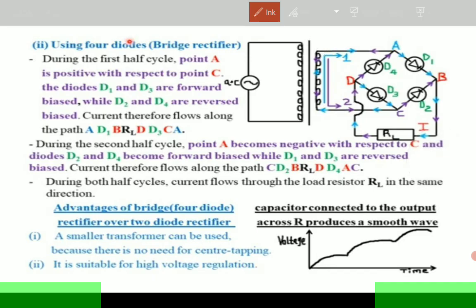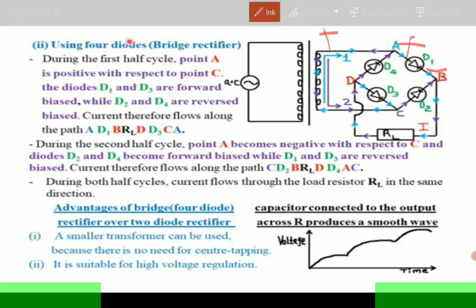So we are saying if we consider this as positive, then diode 1 here is also positive, then this end is negative. That means D1 is connected in a forward biased mode. In other words, current is going to conduct.